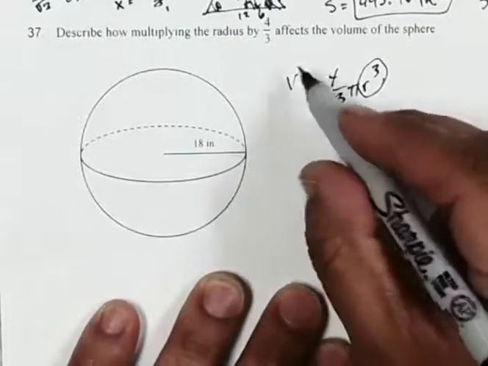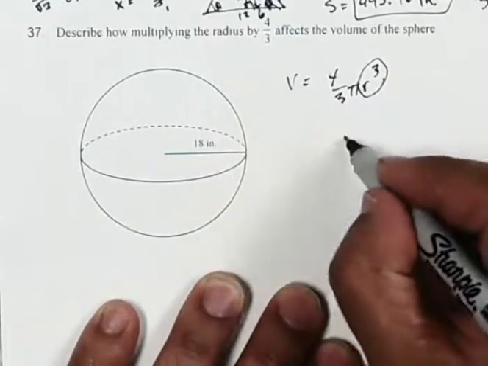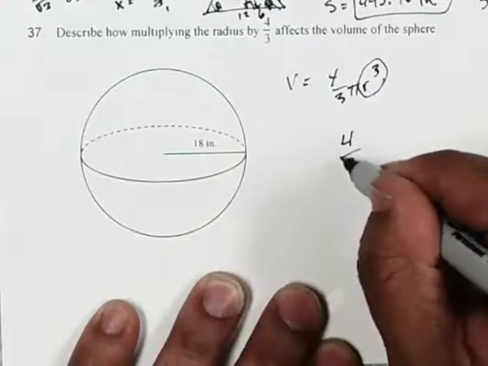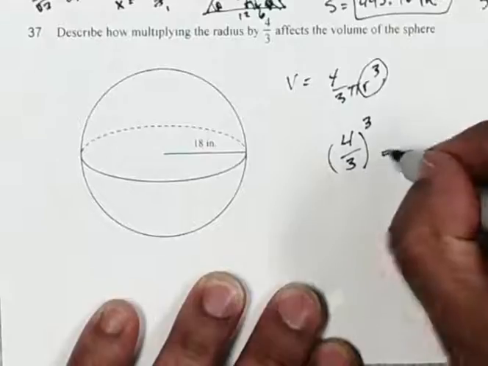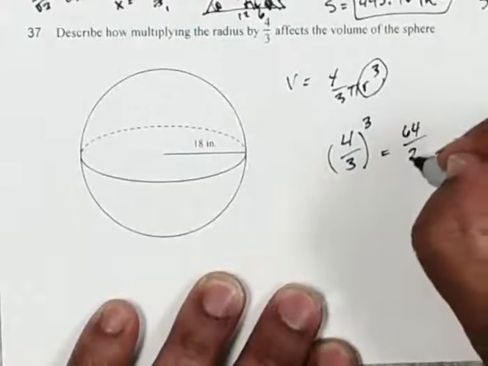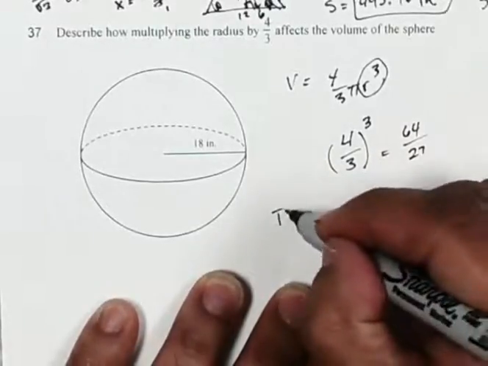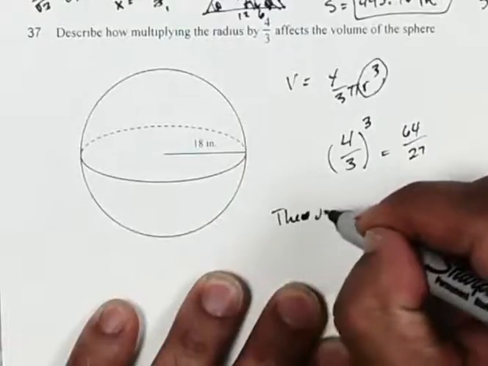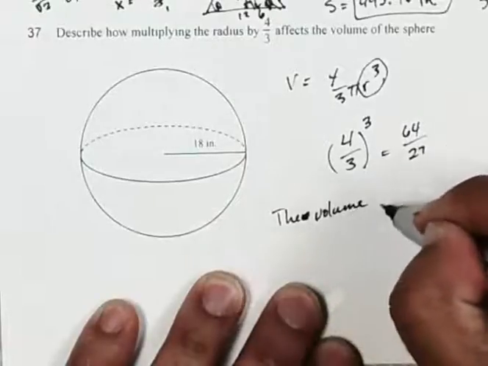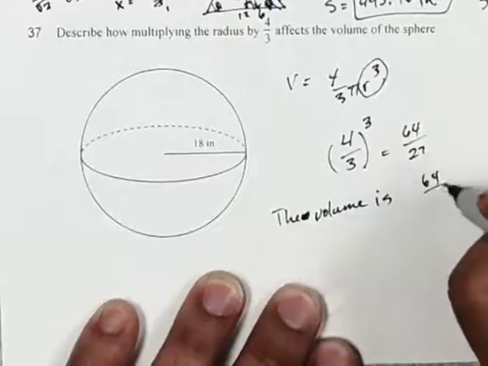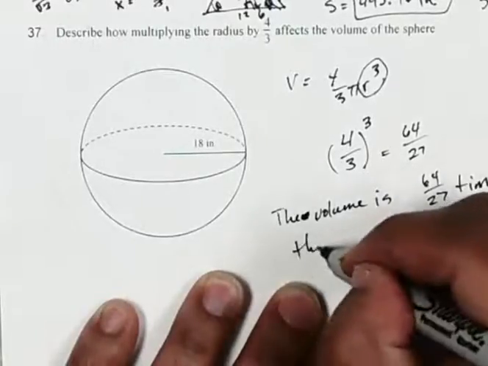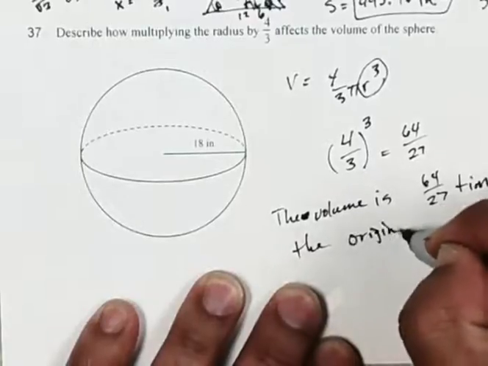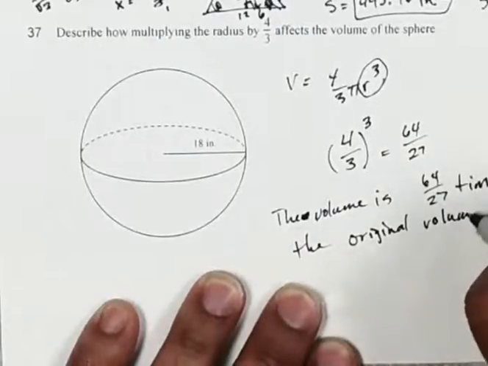So if I'm multiplying the radius by 4/3, that's my scale factor, and I want to cube that. By doing that, I get 64 over 27. So the volume is 64 over 27 times the original volume. Okay, that's my answer.